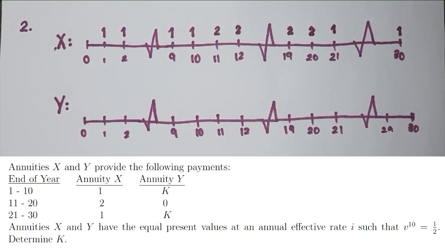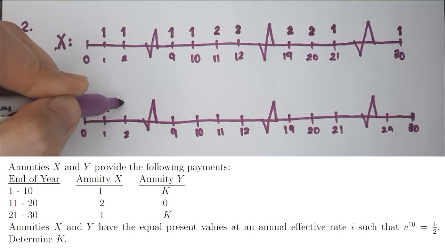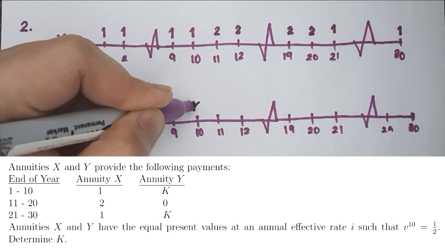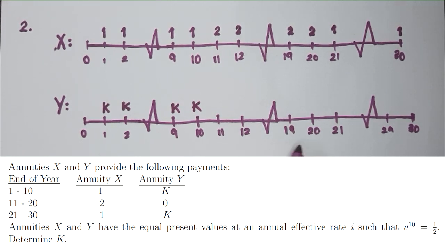For the first 10 years, K. So, at the end of each year. So, ito yung end ng first year, end ng second year, and so on. Hanggang dito. Yan yung end of 10th year. Right? Tapos, for the next 10 years, wala. 0 ang annuity payment. So, wala na kayong ilalagay.